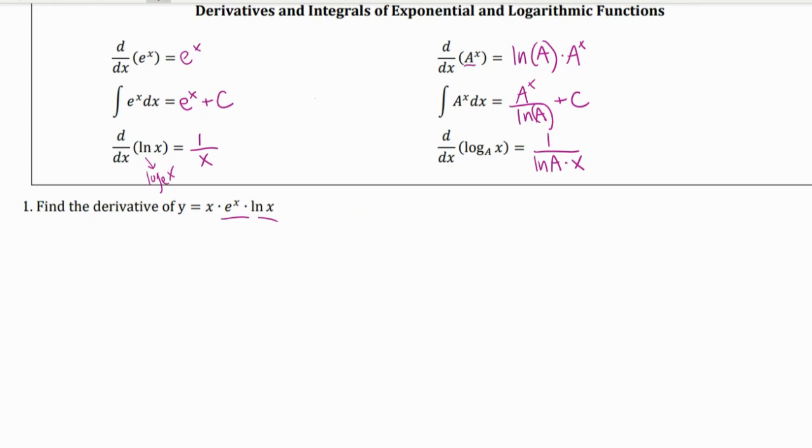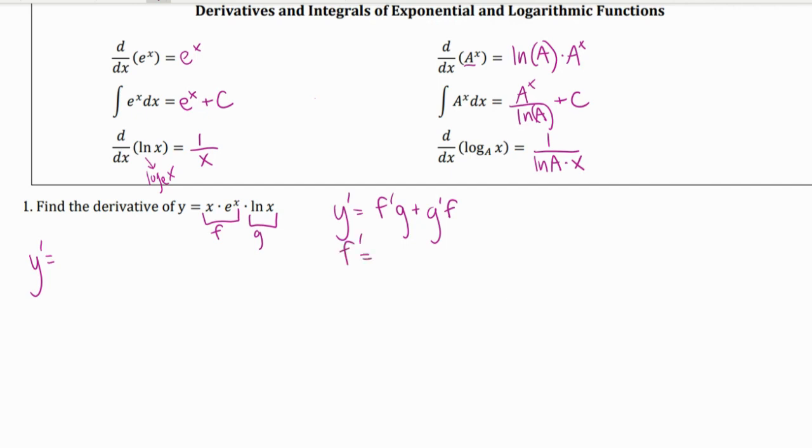Okay, so we're multiplying. So we're going to use the product rule. And I'm going to go ahead and let this be f and this be g. And then y prime would be f prime g plus g prime f. You guys know product rule. All right, so that's going to be f prime, the derivative of x times e to the x. All right, here's the thing.